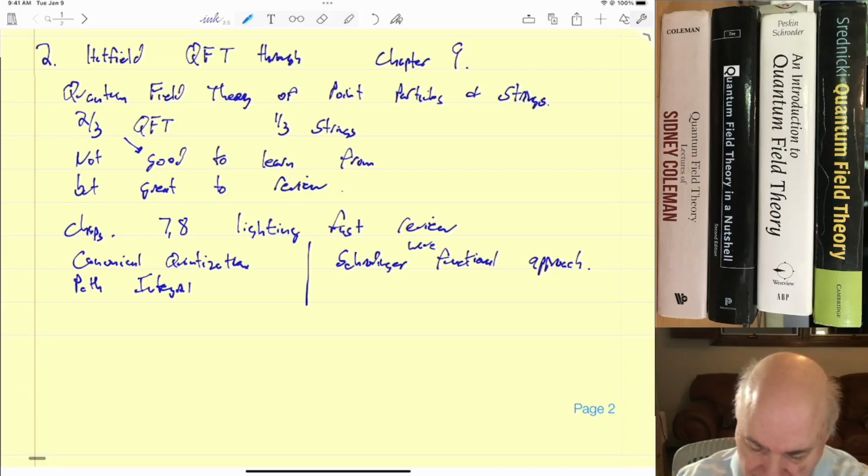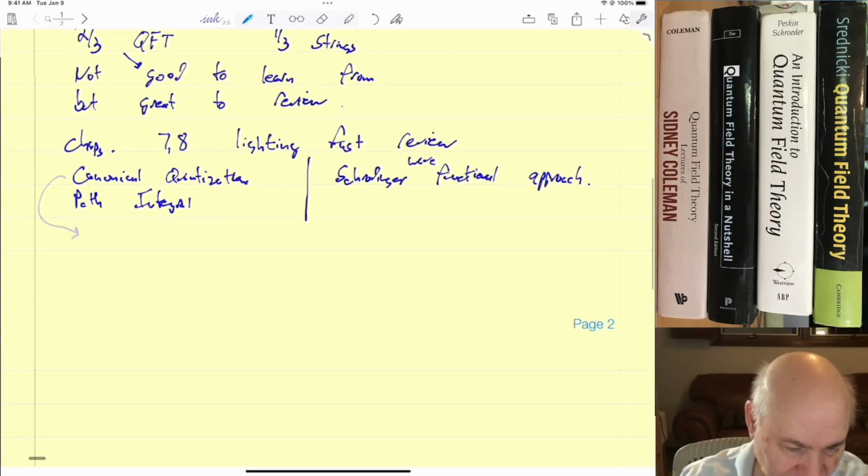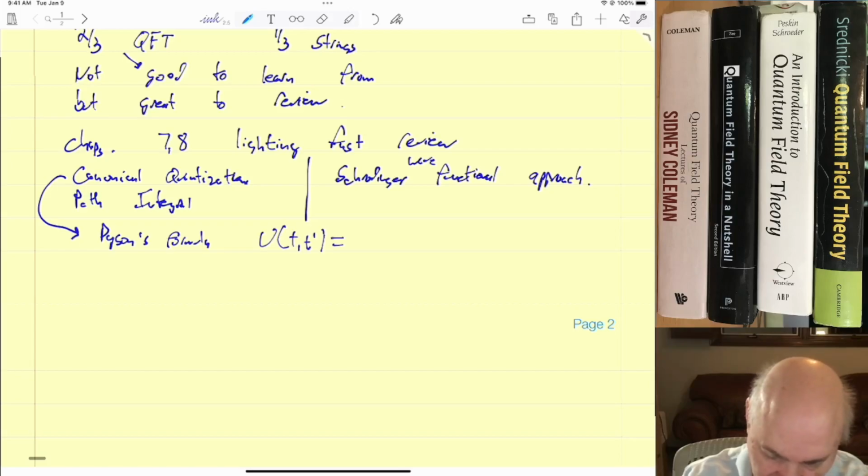But I went through the part on canonical quantization, and it's just amazing all the things that you have to do, like the Dyson formula. One of these, like the basic perturbation approach, time ordered exponentials of the interaction integral.